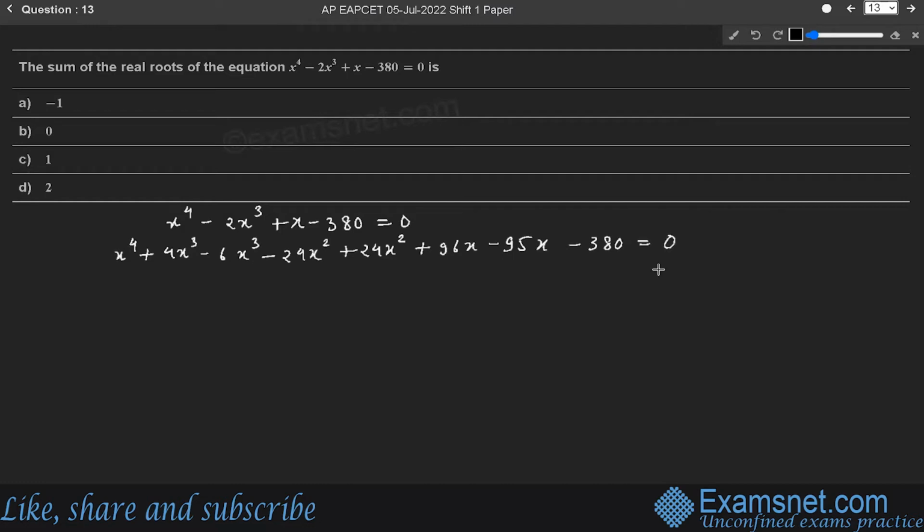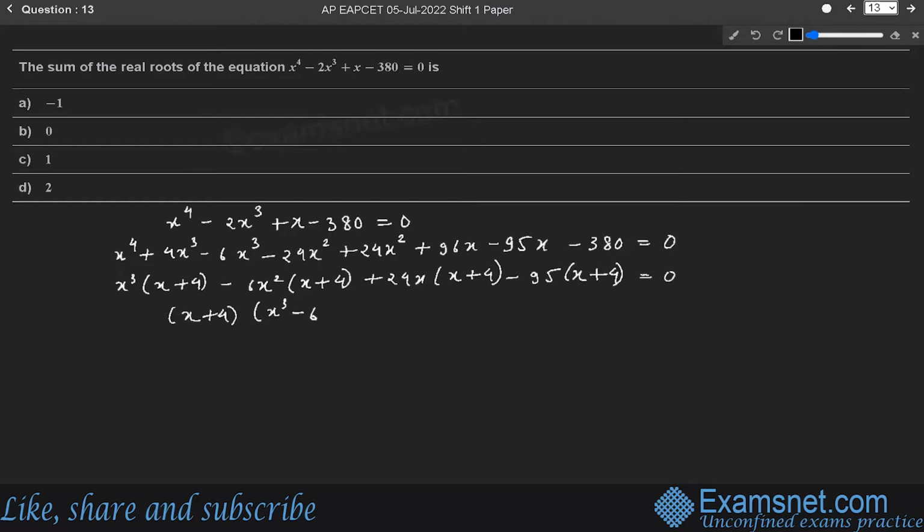Now factoring the expression, taking x³ common, remaining terms will be (x + 4) - 6x² into (x + 4) + 24x into (x + 4) - 95 into (x + 4) equal to 0. So it becomes (x + 4) into (x³ - 6x² + 24x - 95) = 0.